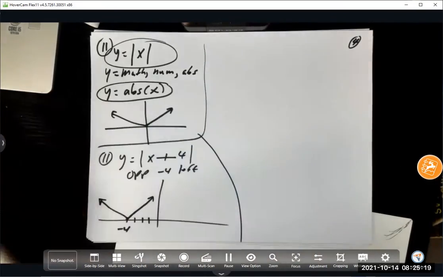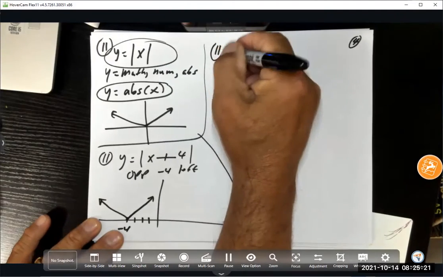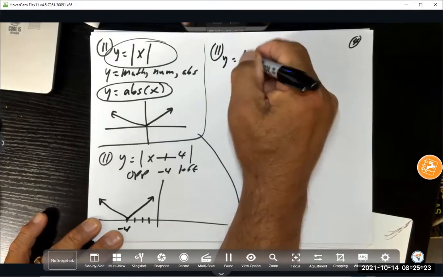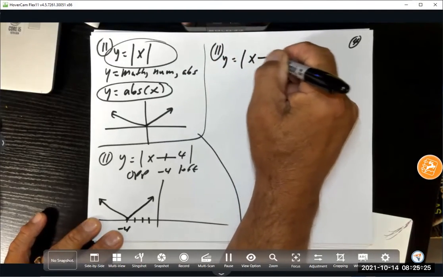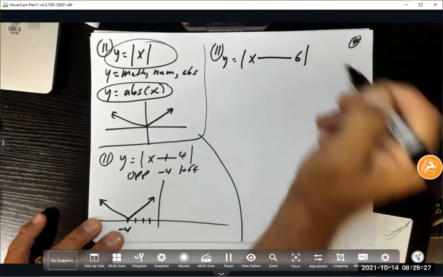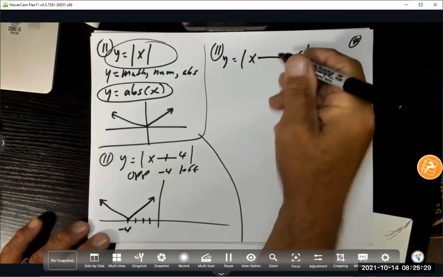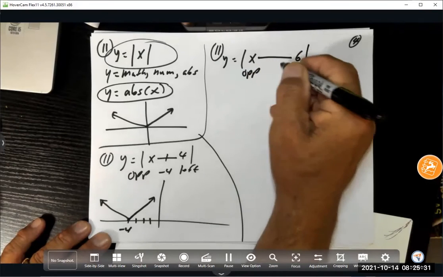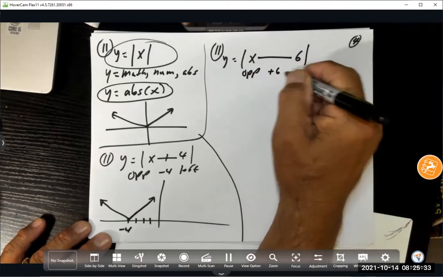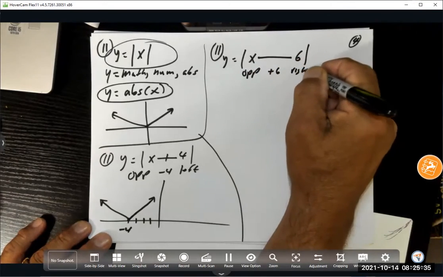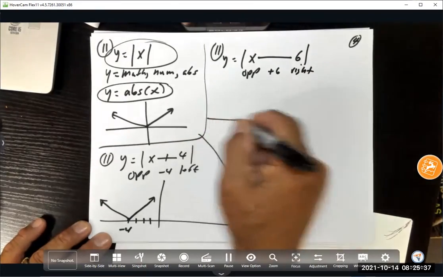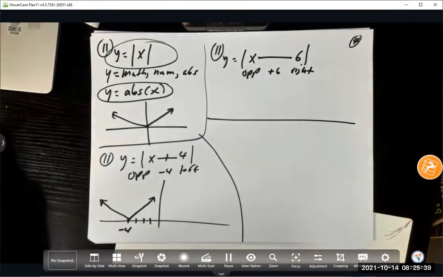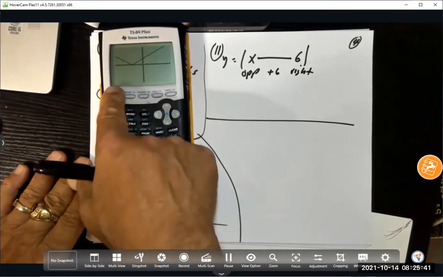Same thing, number 11 again. I'm going to do y equals absolute value of x minus 6. Okay, so now it's going to do the opposite. The opposite of -6 is +6, and it's going to go to the right. When I put this in the machine, it should push it over to the right. So let me do it on mine.